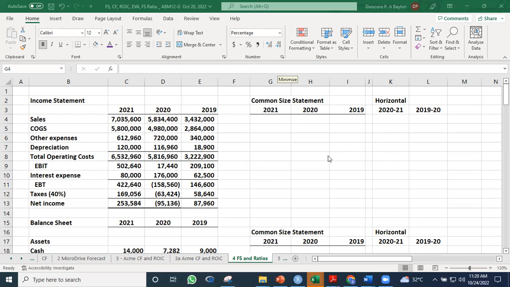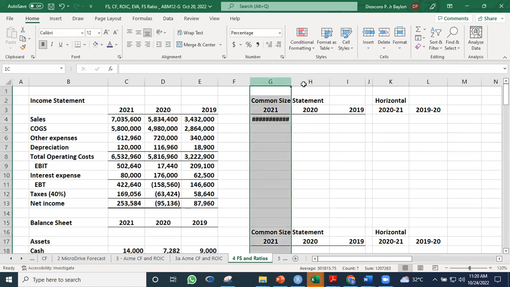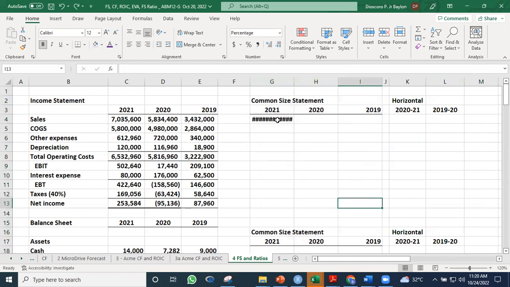So let's see that. It's equal to C4 minus D4. So we're getting the difference. Why the difference? And then copy to all the cells.